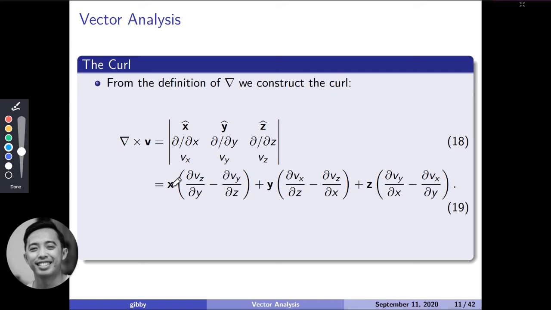So for x hat, it's a unit vector, right? For x, you cover its column, so it's no longer there. And then you cross multiply: partial of z, partial y, right?